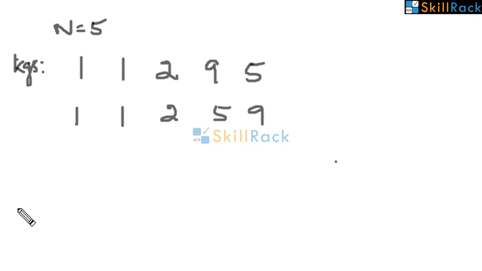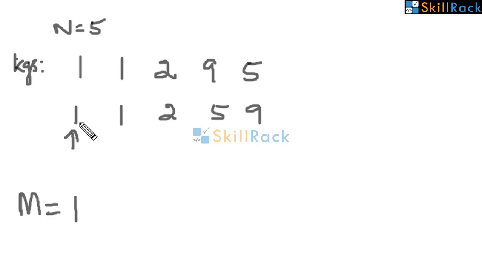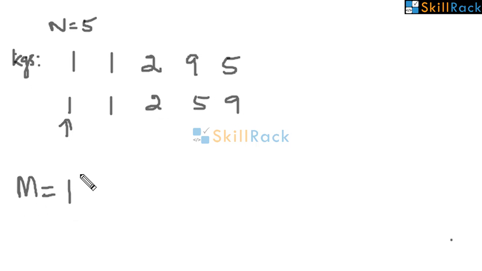We initialize a variable called measurement, m is equal to 1 to begin with. So we start with the first element. We are checking whether the current element, that is the weight in the array, is less than or equal to m. Yes. If it is yes, you are adding this value to m. So 1 plus 1 becomes 2.